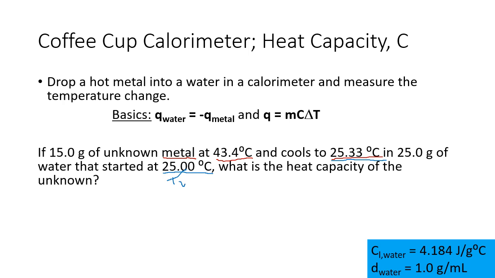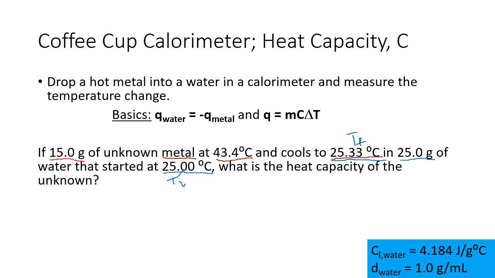I'm using a funky i because I mistake my i's for other things if I do it otherwise. And this is T final for both of them. And then I have 25 grams of water. That corresponds obviously to water, and then we also have the 15 grams of metal.